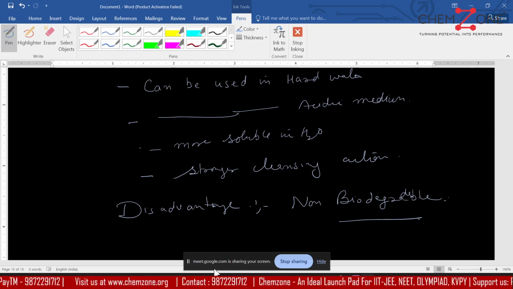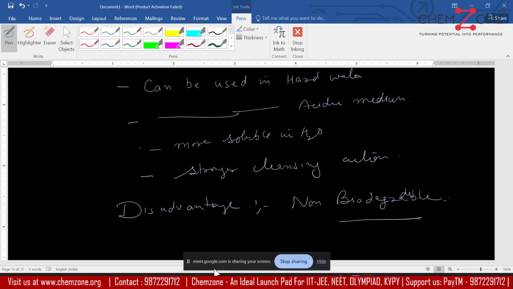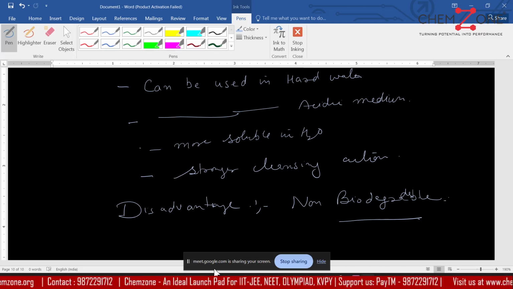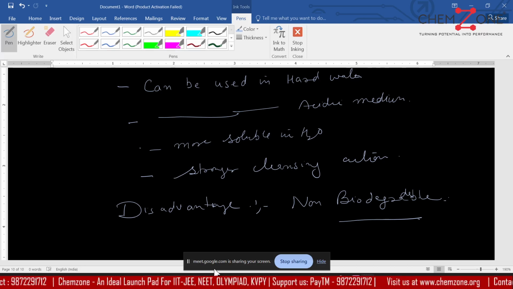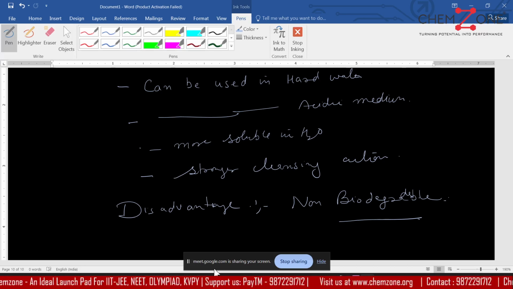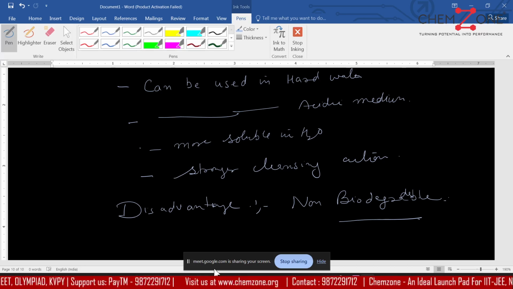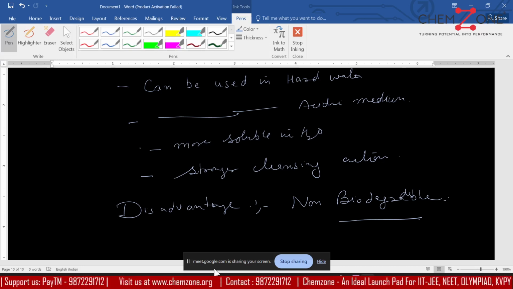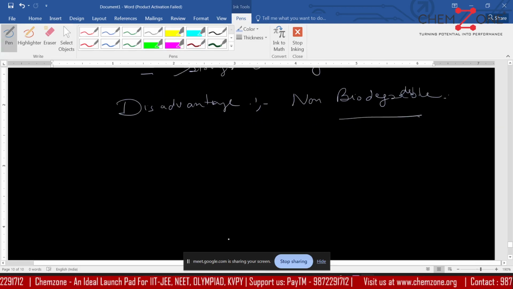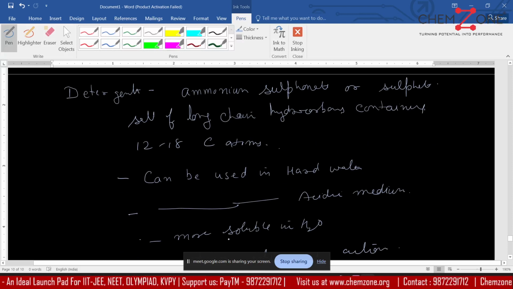It is not destroyed in the water by the microorganisms, whereas soap can be easily destroyed. They are biodegradable. That is the only disadvantage of detergent.